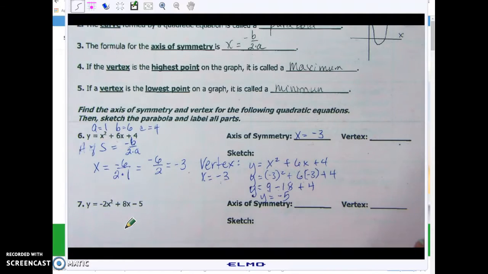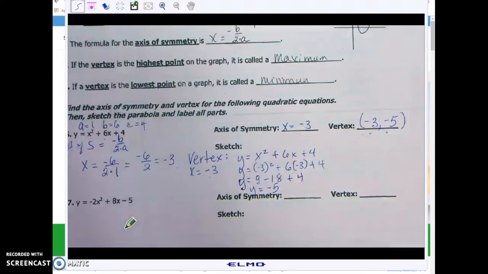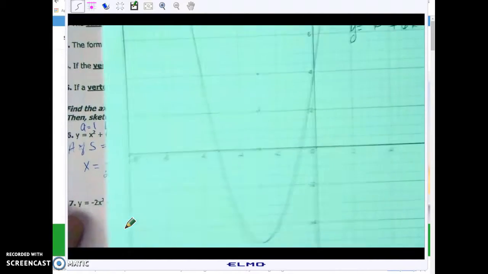My vertex is not negative 5. My vertex is negative 3, negative 5. So my vertex is the x that I just used to get the y. Both of those coordinates, because it's a location on the graph. Okay, so what is that going to look like when I sketch it?